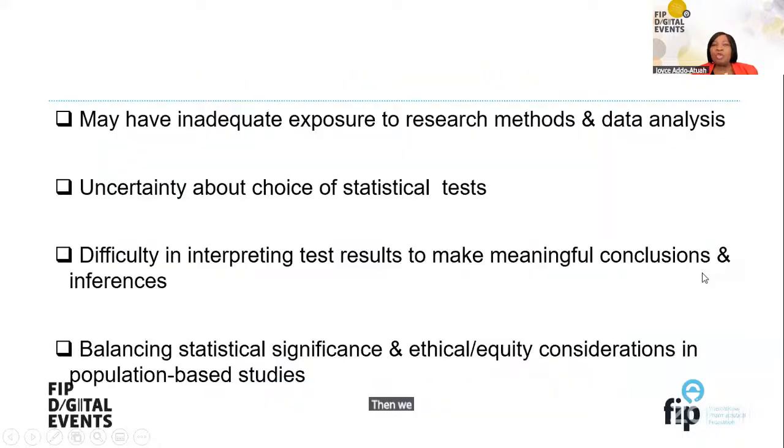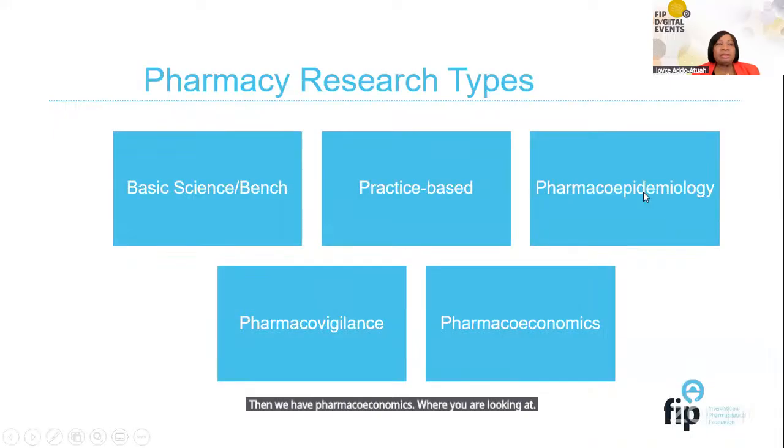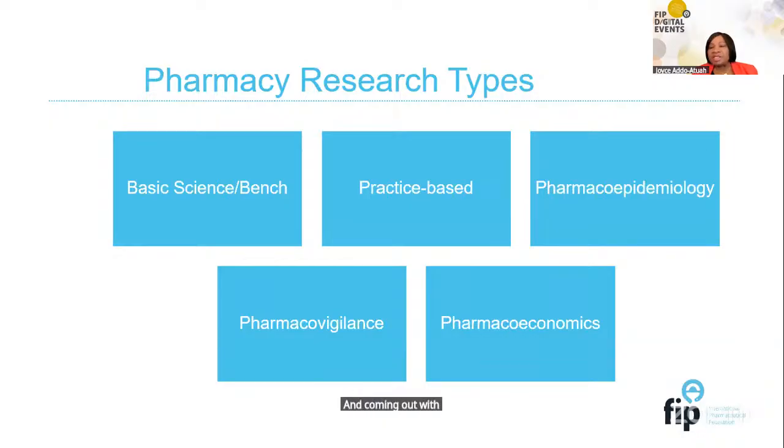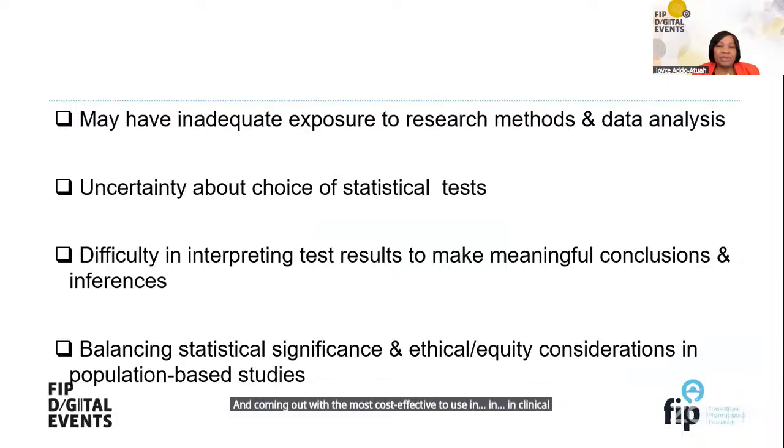Then we have pharmacoeconomics, where you are looking at the cost and outcomes, comparing different options, different medications or different treatment regimens, and coming out with the most cost-effective to use in clinical practice.